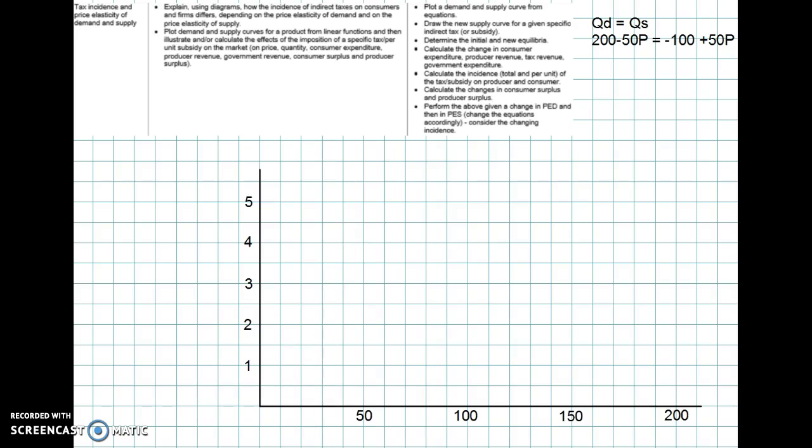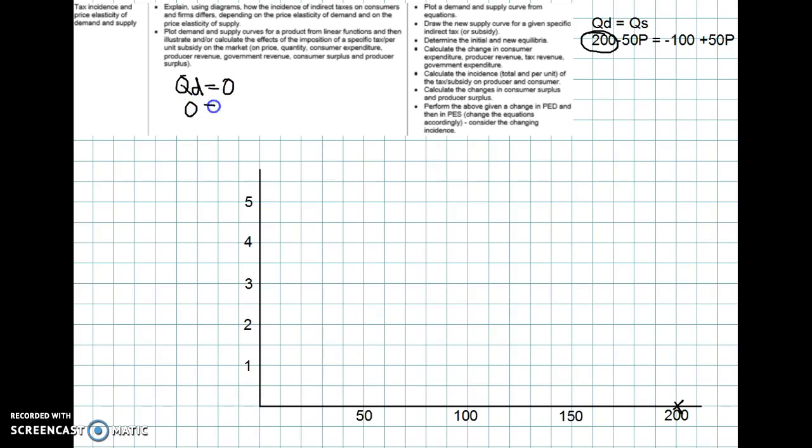Okay, right. So first of all, plot a demand and supply curve from the equations. Automatically we can plot the q-intercept for the demand curve, and now we're going to find the p-intercept. So we set Qd equal to 0.